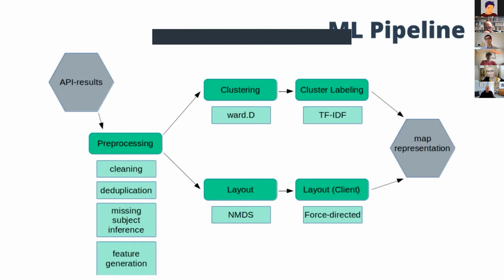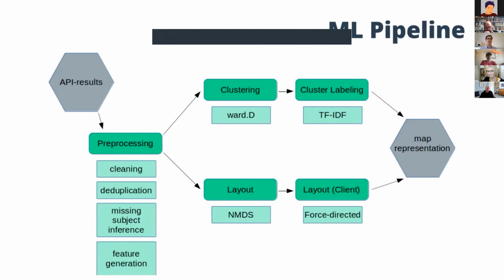So the labeling is based on TF-IDF on the keywords. And then we have two layout processes, first non-metric multidimensional scaling and then force-directed layout, which happens on the client in order to pull out the different entities and make everything readable. And that creates the map representation. And this is then moved over to the interface.